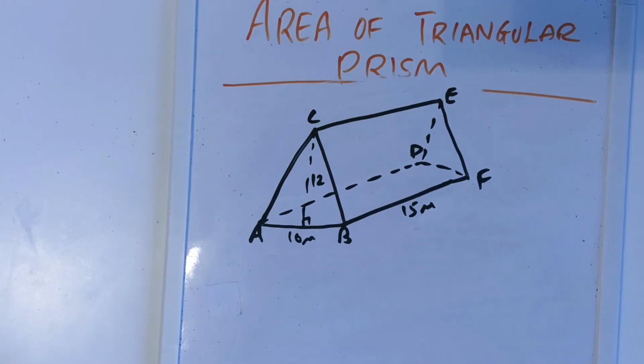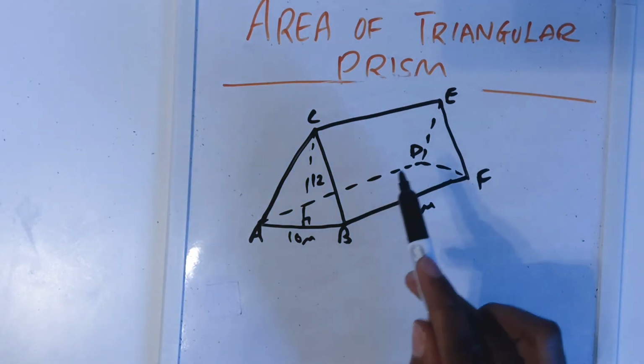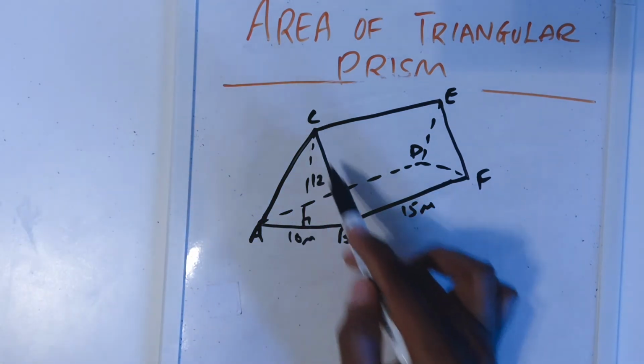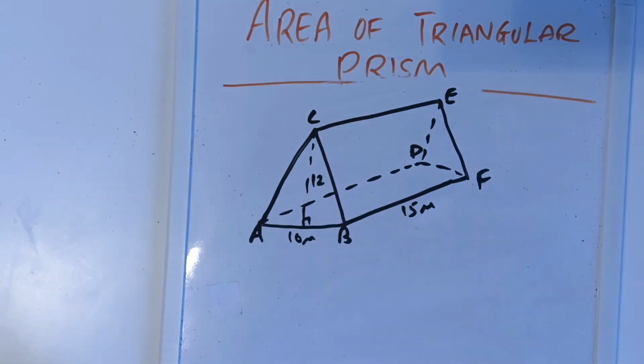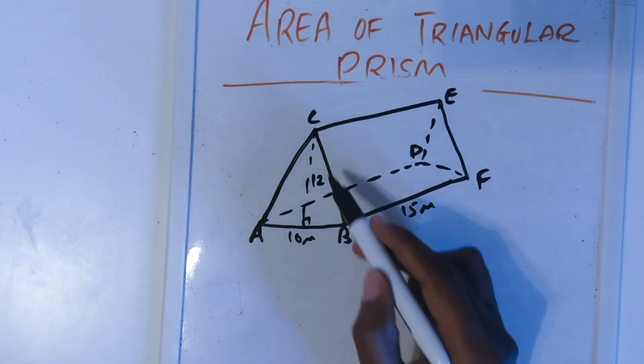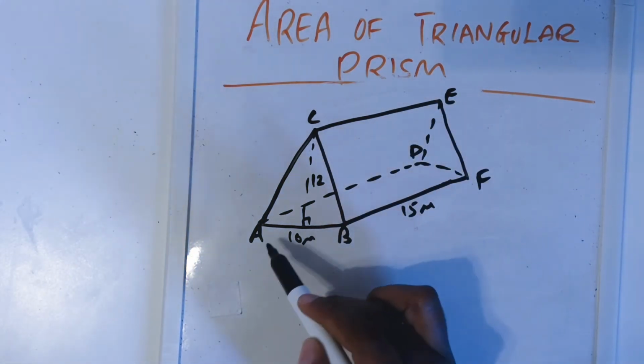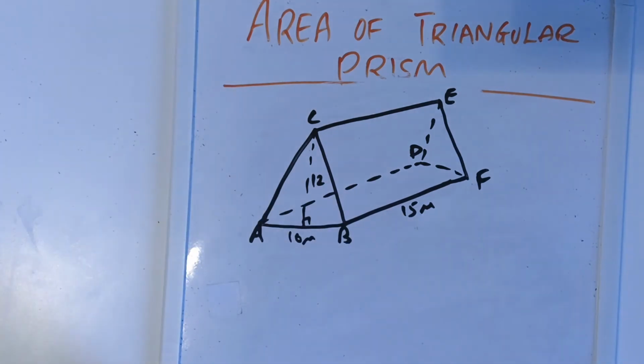The length of this rectangle is given as 15 meters. In order to find the surface area of this triangular prism, first we have to find the area of the two triangles. Then we also have to find the area of the three rectangles.